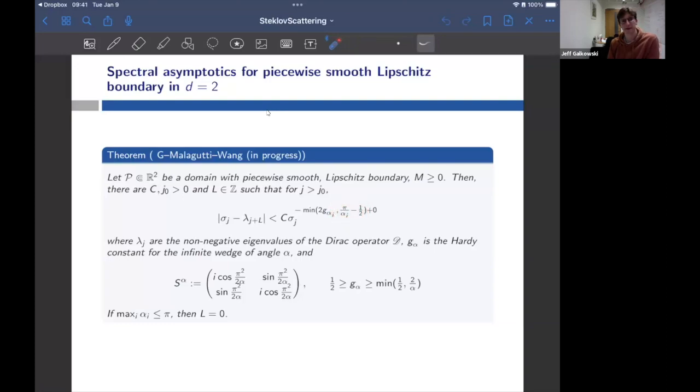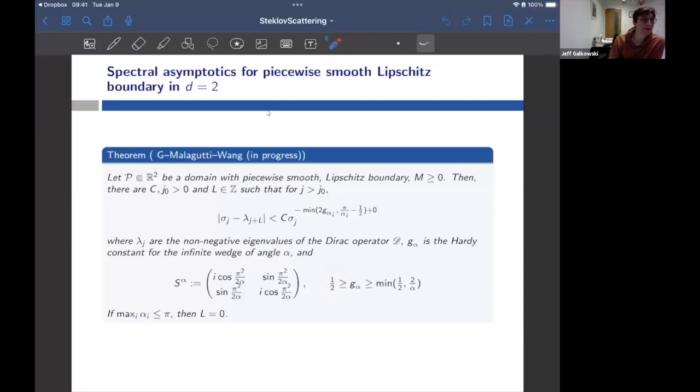So the smaller the angle, the better this part is. And actually, the smaller the angle, the better this one is too. But unfortunately, this Hardy constant has an upper limit of a half. So that's how it is. The best you can hope for is that these are the same modulo sigma inverse, almost.